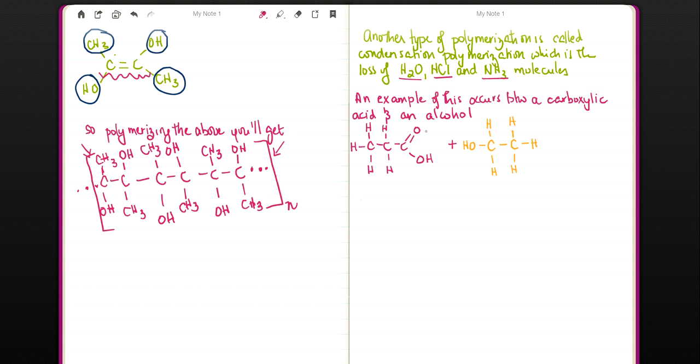Here we have another type of polymerization, which is called condensation polymerization. It usually occurs between an acid, such as carboxylic acid, and an alcohol.